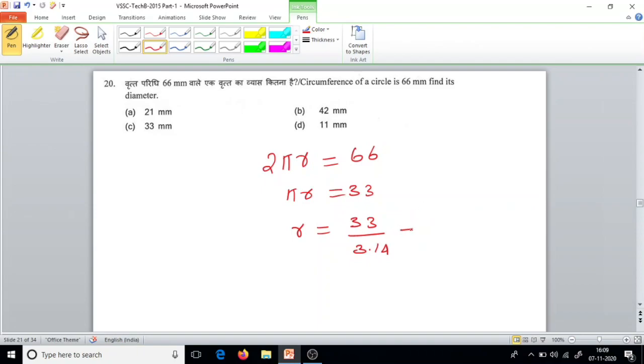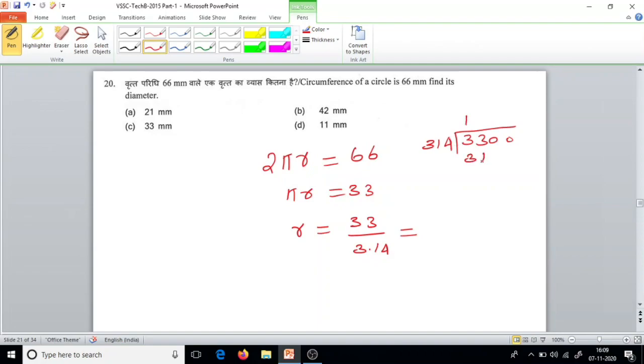What does it come to? Let me check with the calculator. Here, no calculator, I think. So, okay, 33 divided by 3.14, multiply by 314.